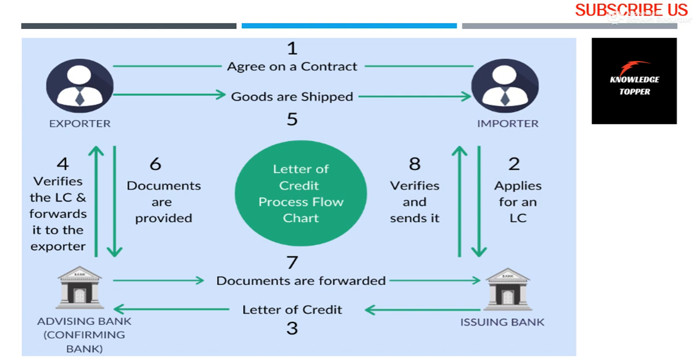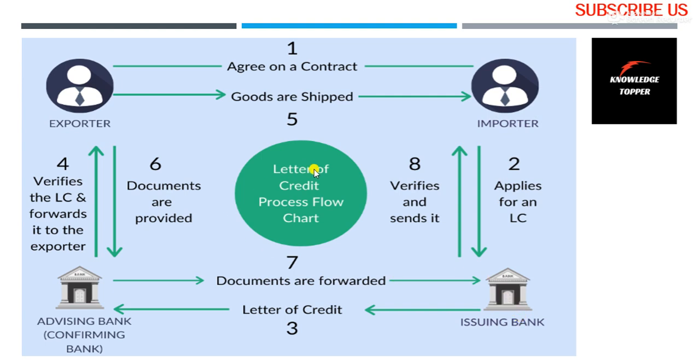As you can see, there are a total of 8 steps, and there are 4 parties involved in LC. There is an importer, who is the buyer of goods and is involved in international trade. There is an issuing bank, who issues the LC on behalf of the importer.